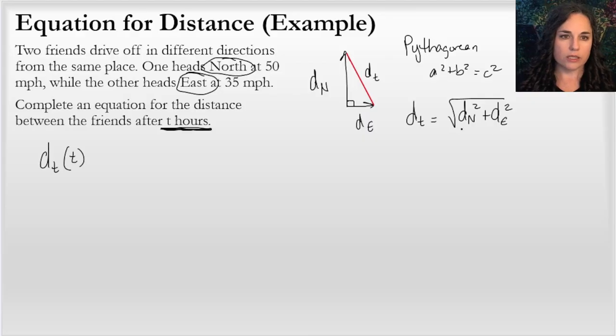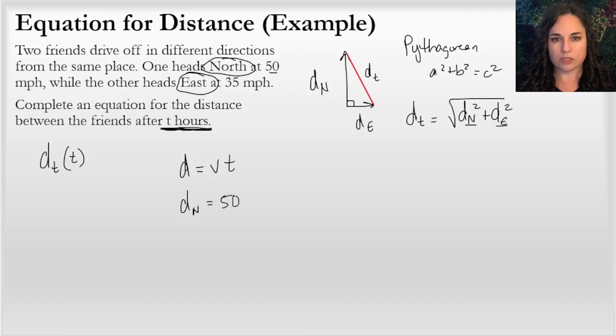Let's look at another thing. These distances have to relate to the velocities and the time. And you may already know this in your head. You're going to have to use distance equals velocity times time. So the distance north traveled is going to be 50t, and the distance east traveled is 35t. So I'm going to plug these in here, and then I'll have distance as a function of time.